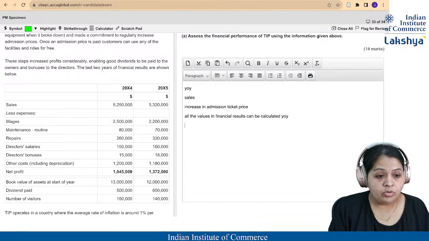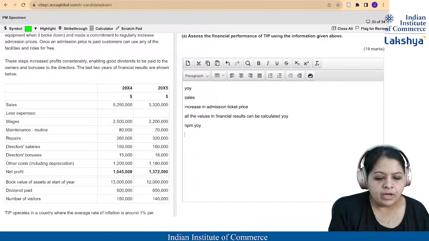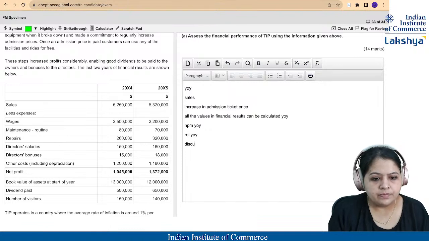You can also calculate NPM year on year. You can also calculate your ROI if you want, return on investments, year on year, right? And then you need to discuss, right?